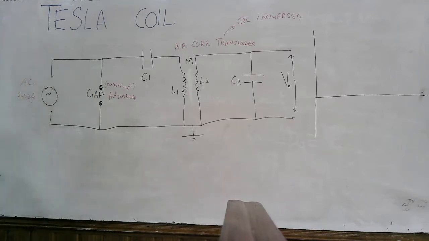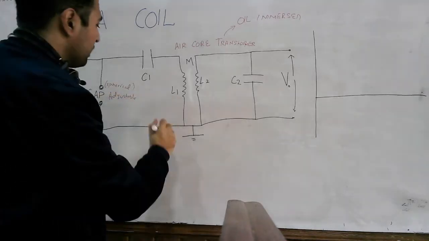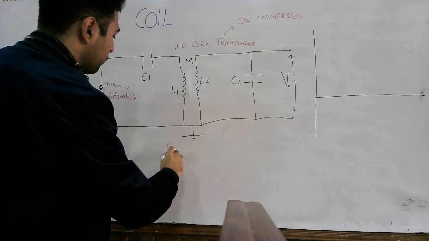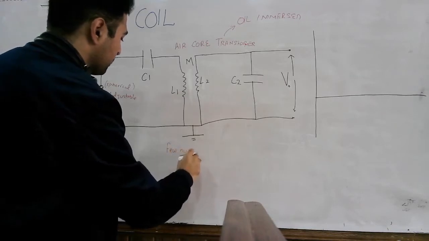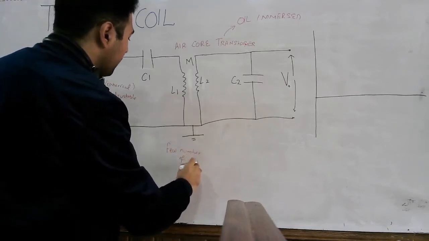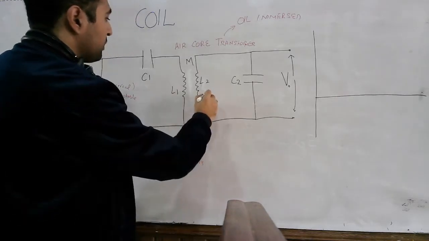Let me explain a bit more about this circuit. This is the primary winding and it has only a few turns, and this is the secondary winding.